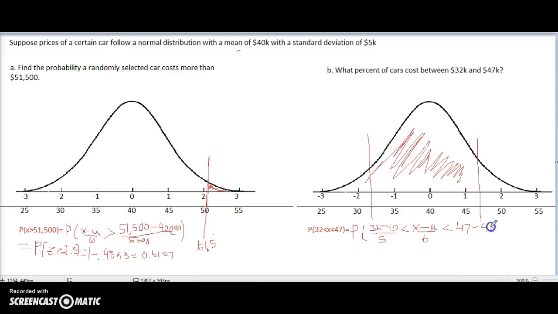Hopefully you get the hang of this by now. Okay, so divided by 5. Which equals, if we calculate those, negative 1.6 less than z, and less than, okay, this whole thing equals 1.4.